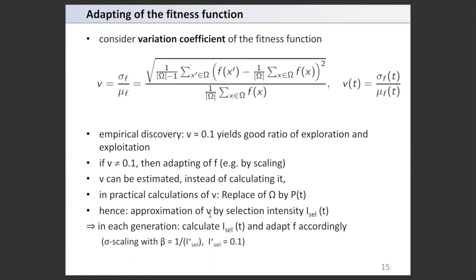Hence, an approximation of V by the selection intensity at time t with that population is used. In each generation, calculate the selection intensity for generation t and adapt f accordingly. For example, sigma scaling, standard deviation scaling with beta equal to 1 divided by the optimal selection intensity, which is 0.1, can be used.